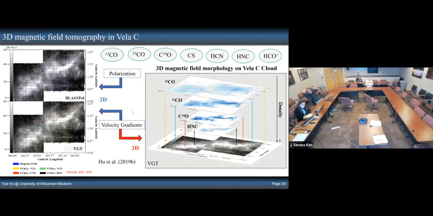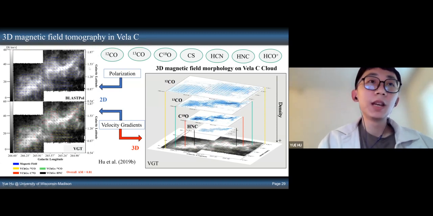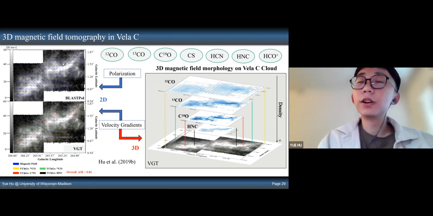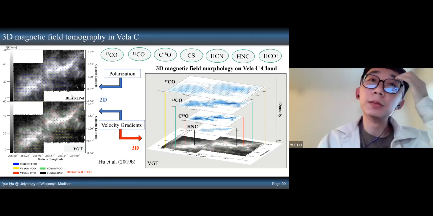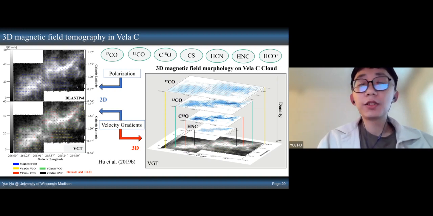And here we apply this idea to the Vela molecular cloud, and we use several different tracers, from 12CO, 13CO, C18O, to HCN. For the plane-of-sky magnetic field, we compare it with the polarization estimate from the spectroscopic polarization. And we can see again that the velocity gradient recovers the two-dimensional magnetic field on the plane of sky very well.